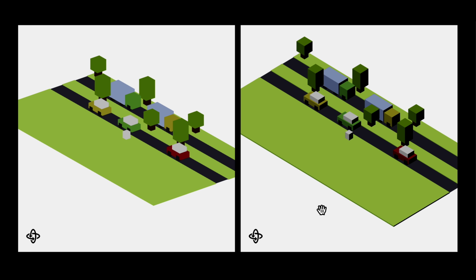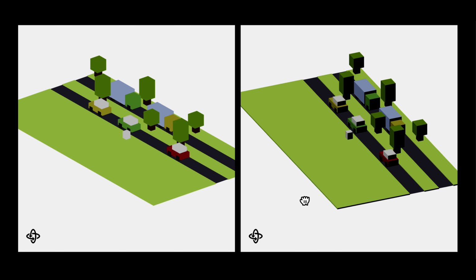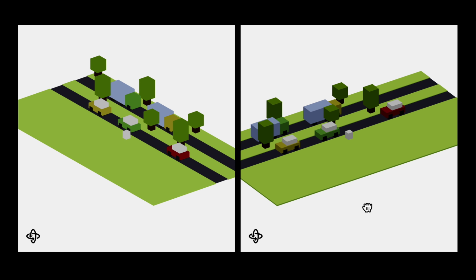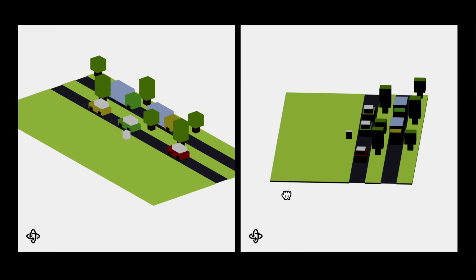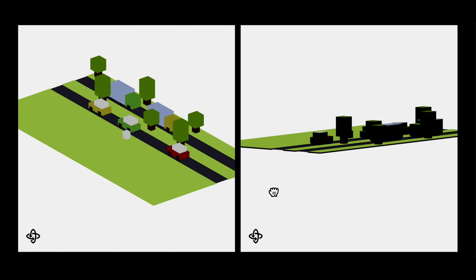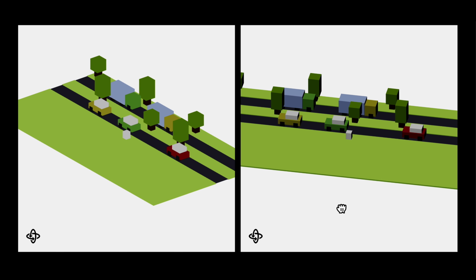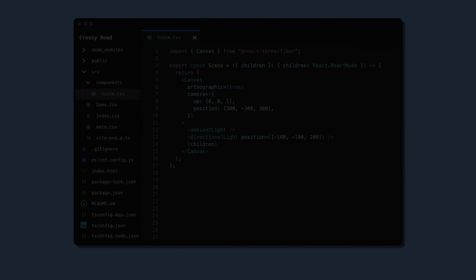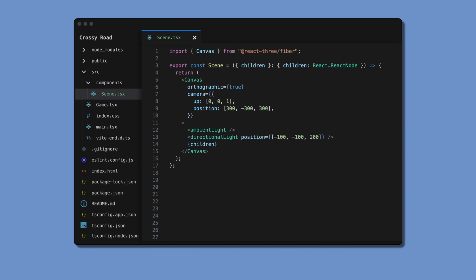The downside of a directional light is that sides of the objects that don't receive light directly are completely black. That's why we are going to combine the two lights. The ambient light will give the whole scene a base brightness, and the directional light will highlight some sides of the shapes.